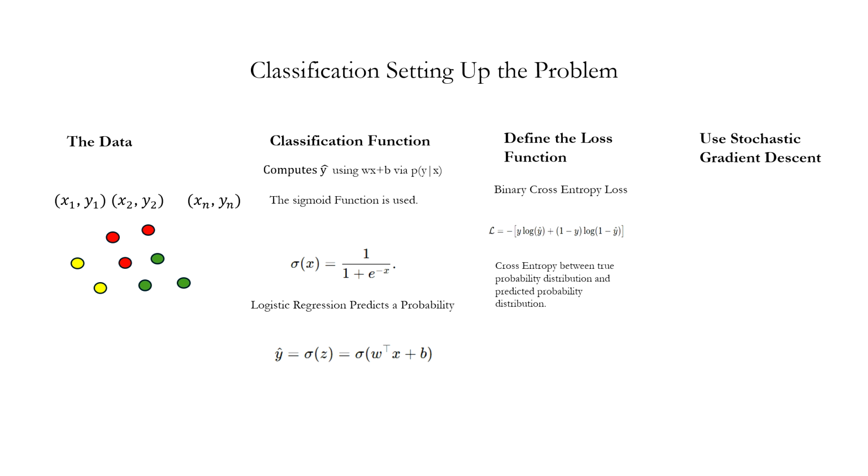And then finally, we use stochastic gradient descent. The objective of this would be to find the values of W and b that minimize the loss. Here, it's important to note that 1 over n is not used.